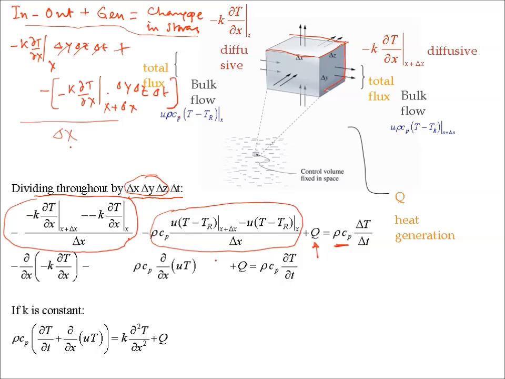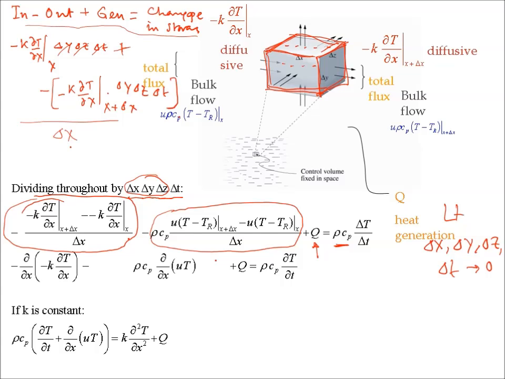Now you shrink this volume. So remember, our goal was to get an equation that gives me variation from point to point. So I want to shrink this volume, delta x go to 0. In other words, I take the limit. So you take the limit as delta x, delta y, delta z, and delta t go to 0. Then you notice something interesting.